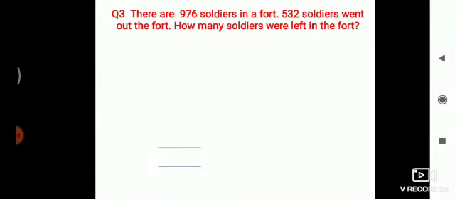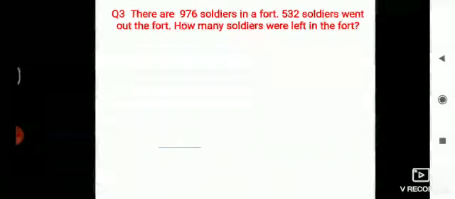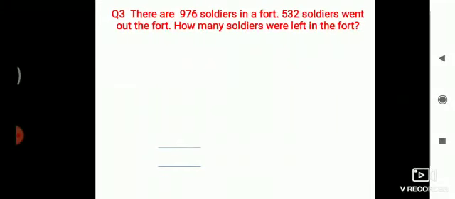Now, question number 3. There are 976 soldiers in a fort. 532 soldiers went out the fort. How many soldiers were left in the fort? Children, here it is given that there are 976 soldiers in the fort and 532 went out.